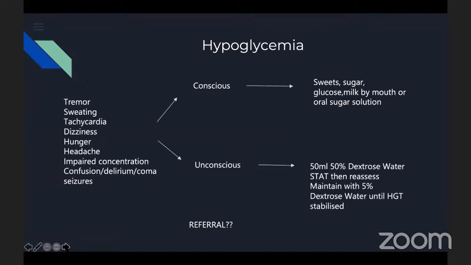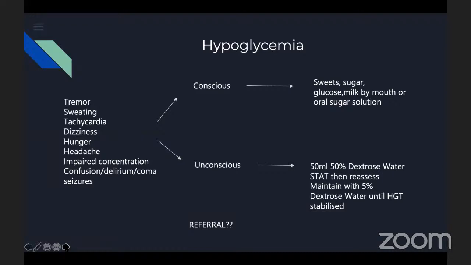Finally, hypoglycemia in patients. So these patients, they usually come in, they can have tremors, sweating, tachycardia, dizziness, impaired concentration or confusion, as well as seizures. So their management will depend on whether the patient is conscious or unconscious.